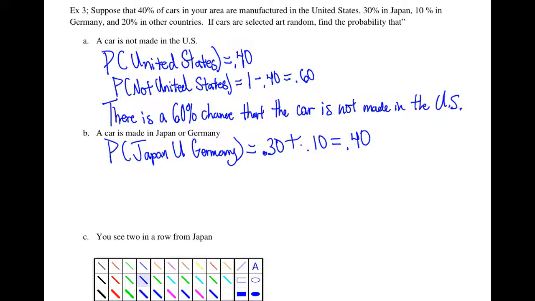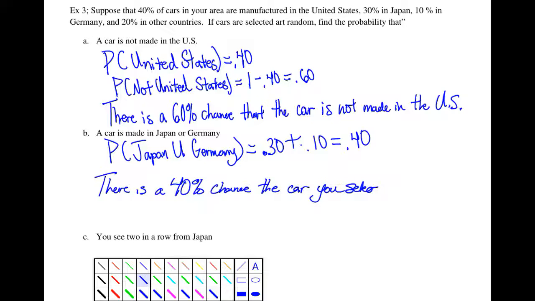So to write that out, you would say there is a 40% chance the car you selected is made in Japan or Germany.